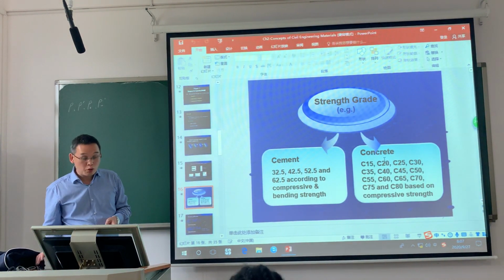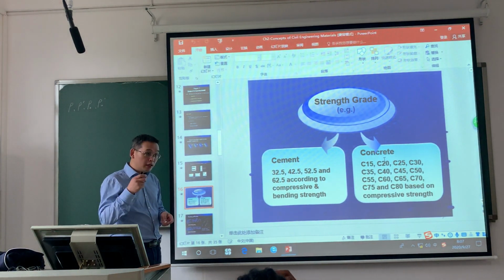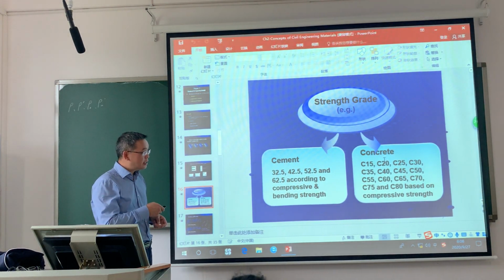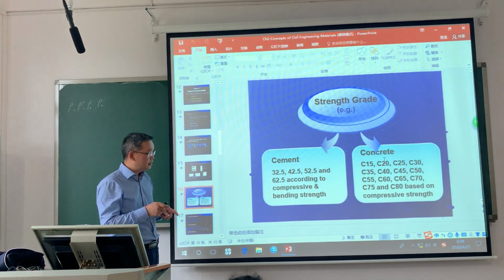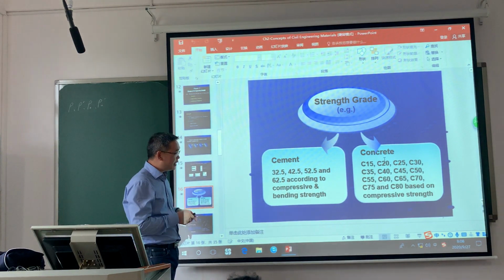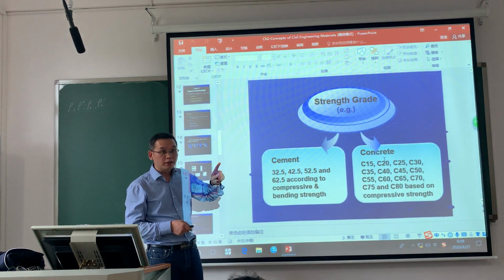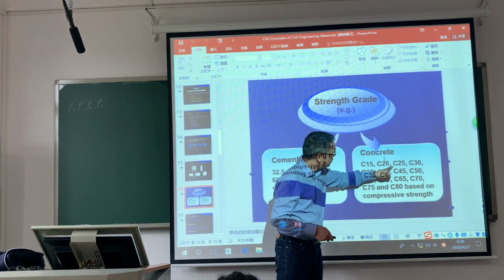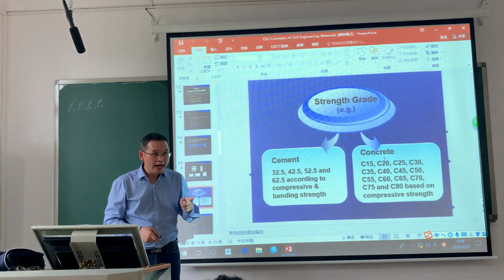And for the strength grade, cement, concrete, and steel all have their strength grade. We can divide them into different grades. And we have learned that this number refers to what? What kind of strength, and from which time?